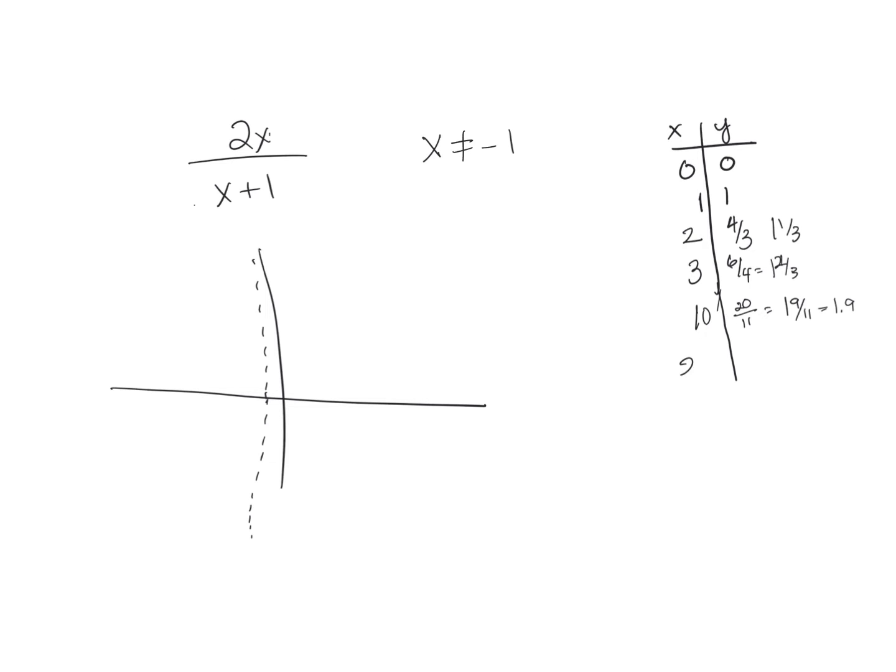If I do 20, I would have 40 over 21. That would go in one time with 19 21sts left over.